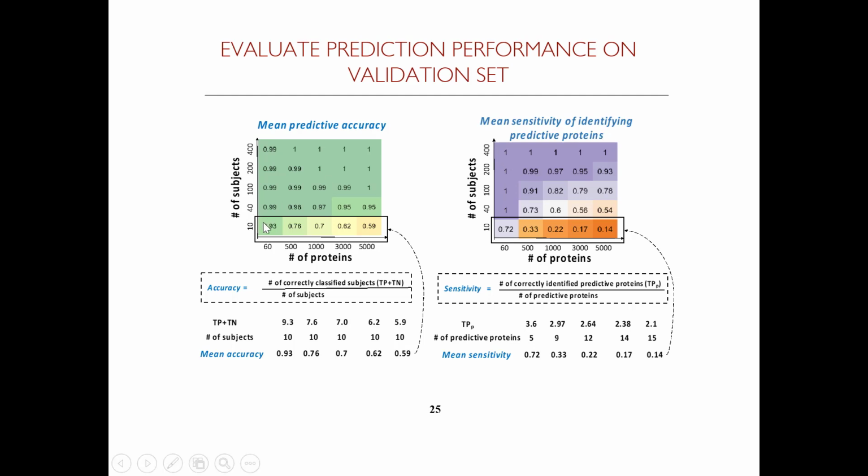So what we see here is we have the number of subjects on the y-axis, number of proteins on the x-axis, and we see in this simulation, and actually in all simulations, that always the number of subjects helps. It is beneficial. The number of proteins added is not beneficial. In fact, it's detrimental. This is counterintuitive to some extent.